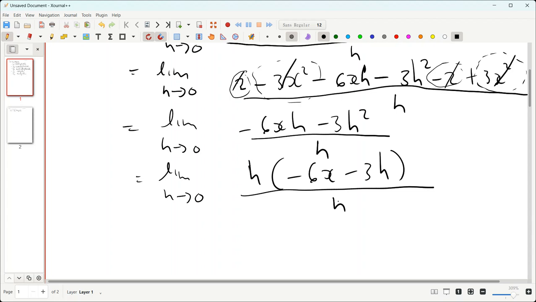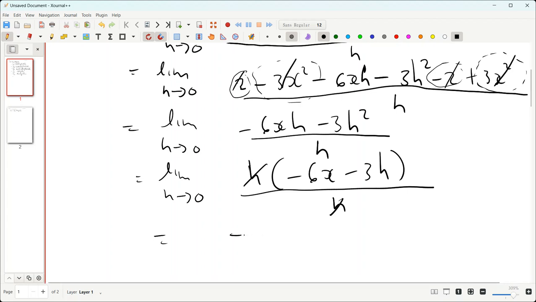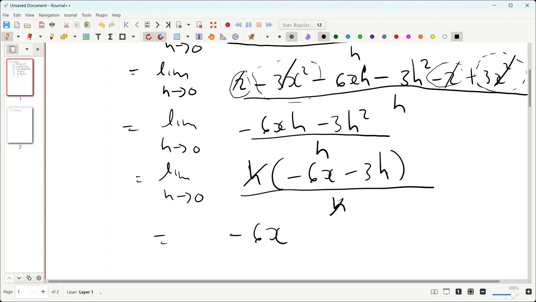We can clearly see that the h can cancel here, and then we can just substitute our value for h. If we substitute h with 0, our final answer will be minus 6x, because the minus 3h is minus 3 times 0, which is 0.